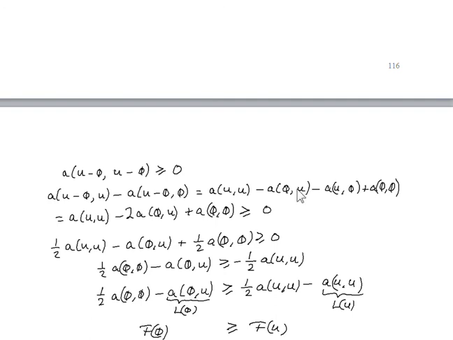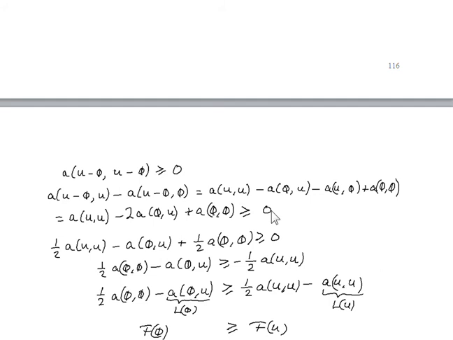So this one and this one are equal. Therefore, we can put them together and we obtain this. And using that this is larger than or equal to 0, we obtain that this must be larger than or equal to 0.